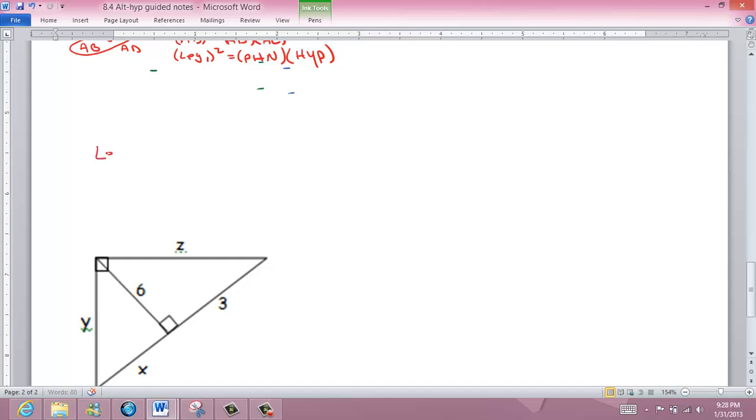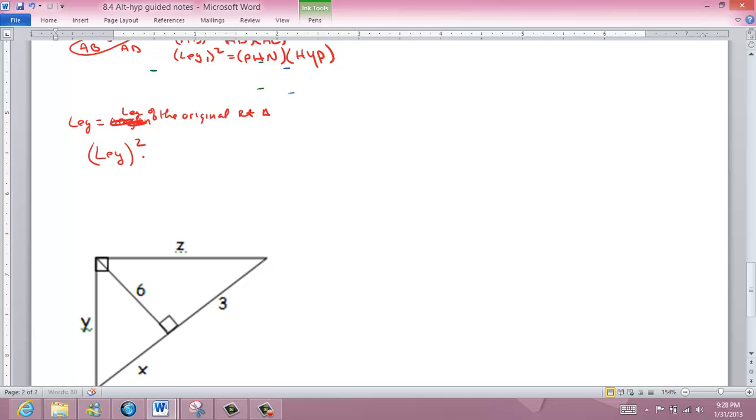So one formula we come up with is leg squared, and when we say leg, we are referring to the leg of the original right triangle.